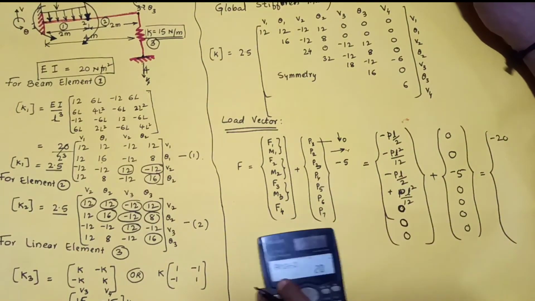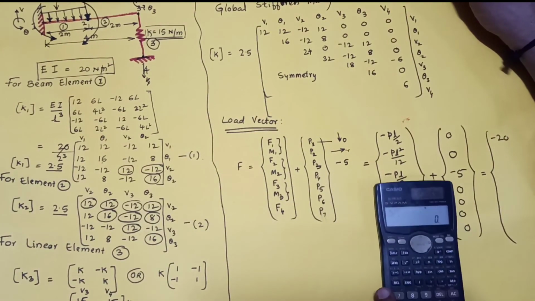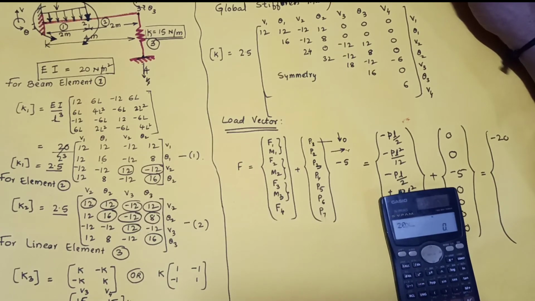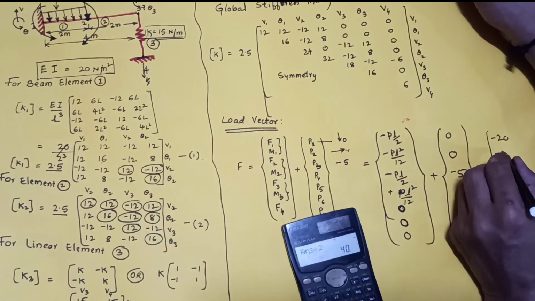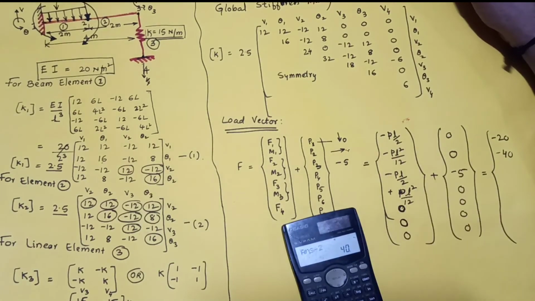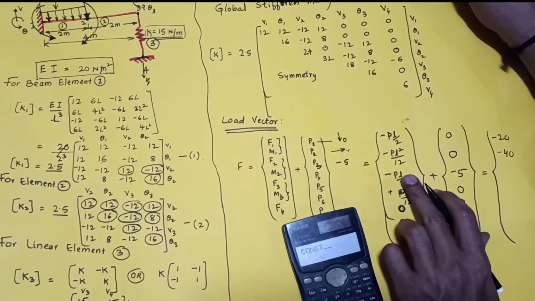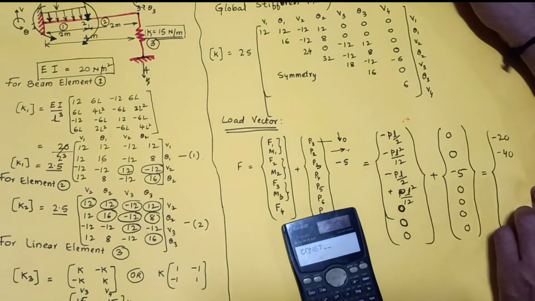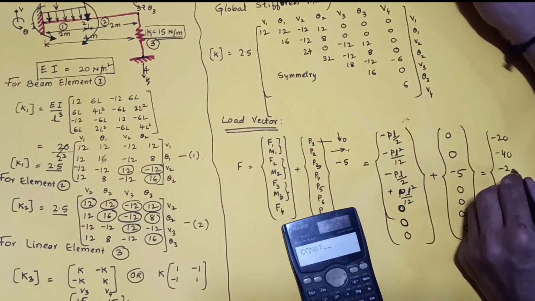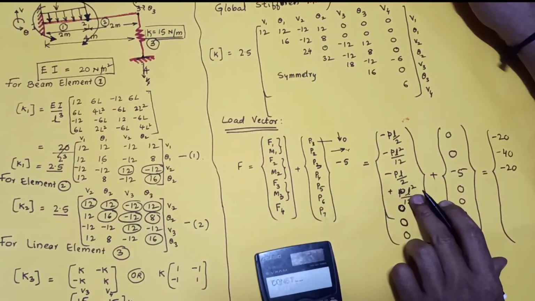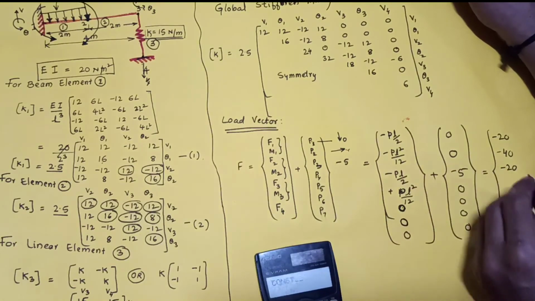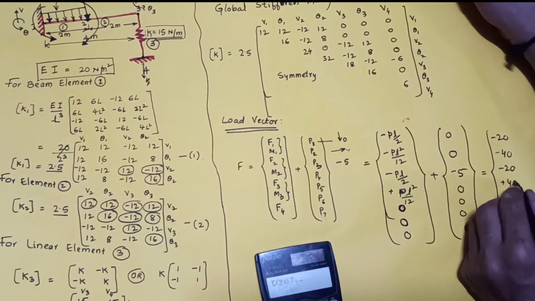Now PL square by 12, so P again 20 and L square is nothing but 2 square, that is 4, by 12. So 40 minus 40 you will have. So 40 plus 0. Again, the same value PL by 2, that is minus 20, because the same UDL is acting. Again PL square by 12, so plus 40 will be obtained here.